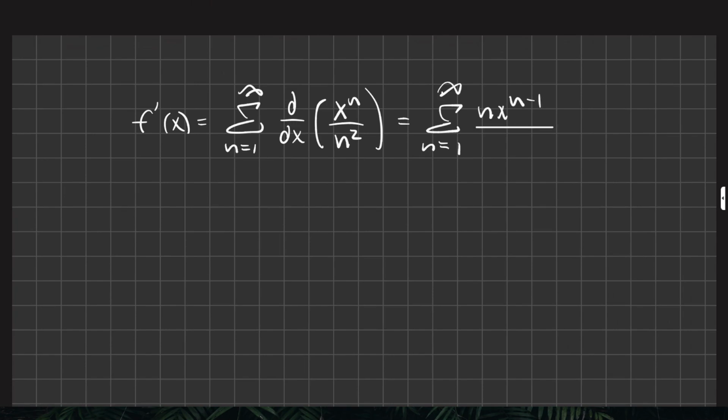Again, we're just using the power rule here. Very simple. And then this n squared just doesn't change. Okay, get rid of an n. So f prime of x has a power series representation: the sum from n equals 1 to infinity of x to the n minus 1 over n.